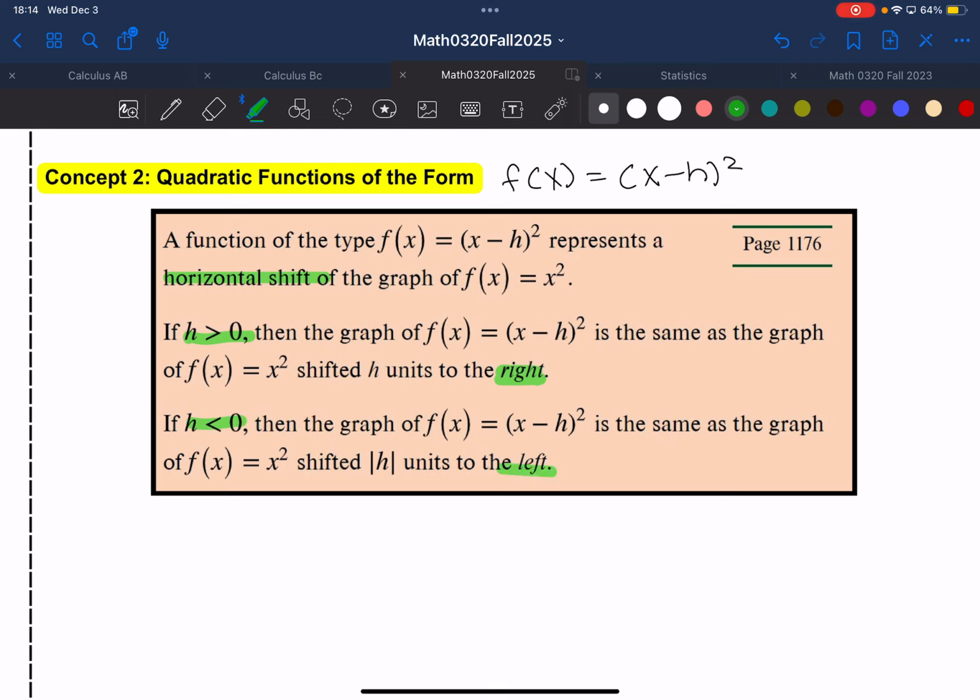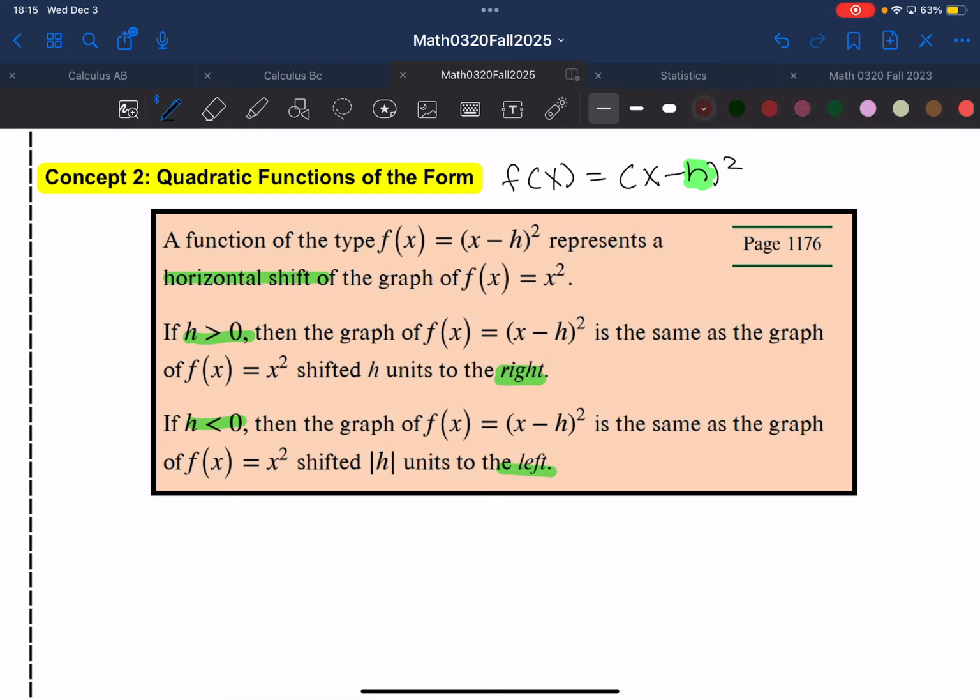However, when we look at our equation here, notice that it's always minus h. So if you want to think of it that way, that's what I would do, because technically this is saying just this h. If h was negative, really we would be seeing plus h, because minus a negative is a positive.